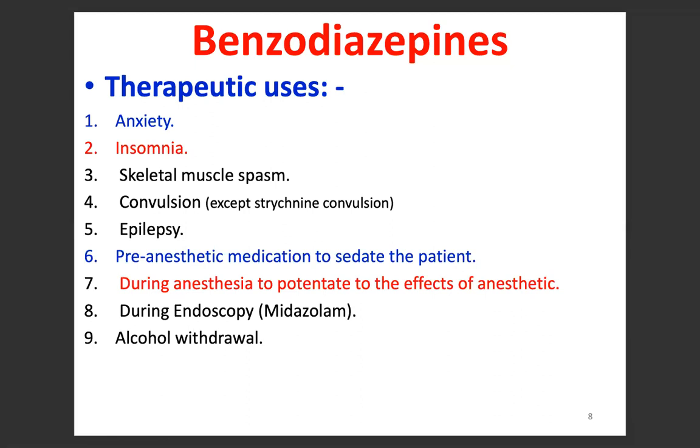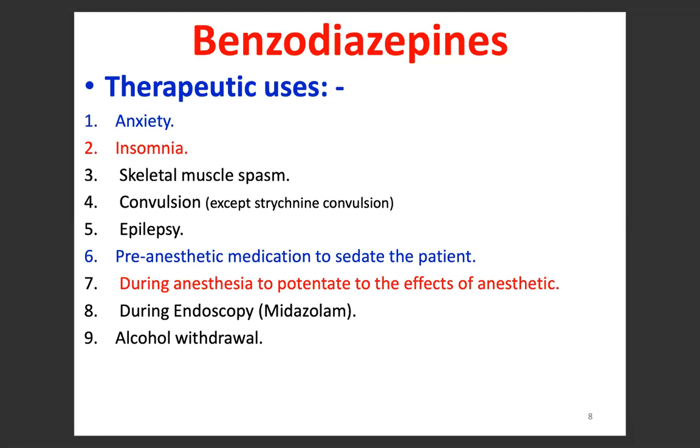During endoscopy, midazolam, the ultra short acting agent, is used. And off label, we can say, it is not approved by the FDA, for alcohol withdrawal. Alcohol withdrawal symptoms occur when the person has been alcoholic for a long time and is withdrawn from alcohol.